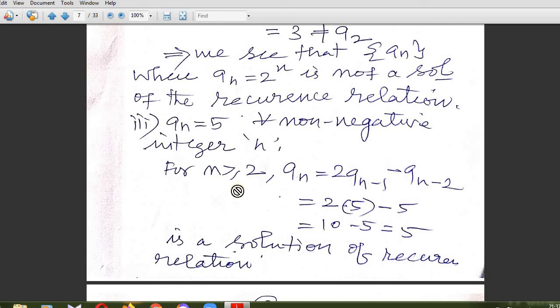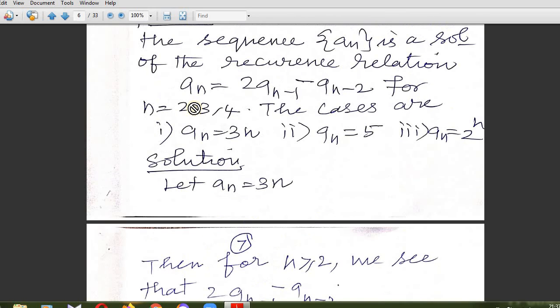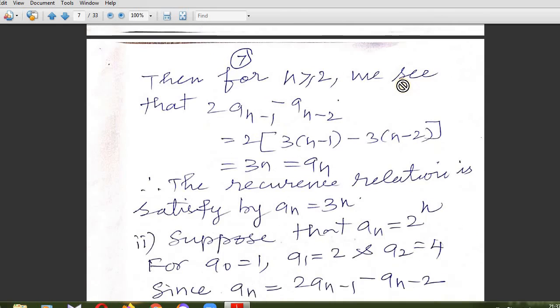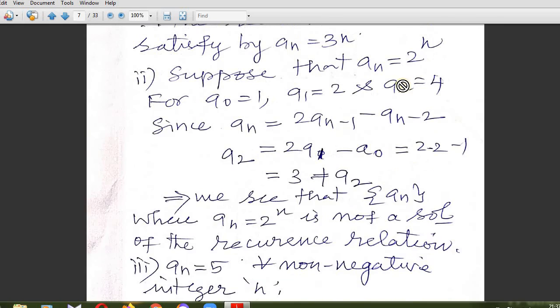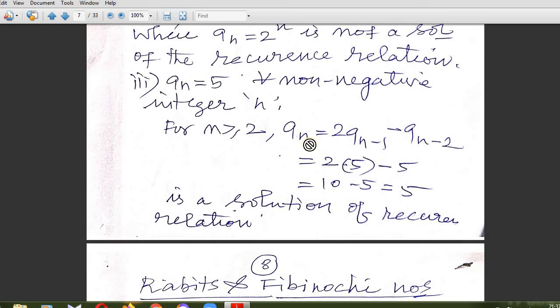So for n greater than or equal to 2, we take the given recurrence relation and check a_n equals 2a_{n-1} minus a_{n-2}.